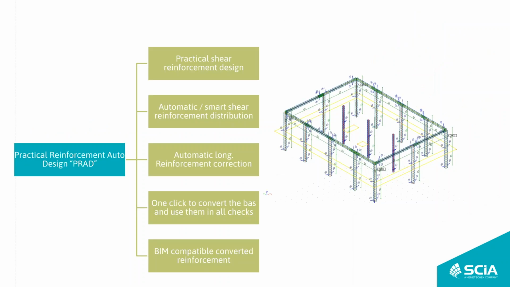Here I have some summary related mainly to the design of 1D elements. In version 19, we introduced the so-called practical reinforcement auto design, which is the feature which converts the designed reinforcement into practical bars, and these bars then can be used in the checks.